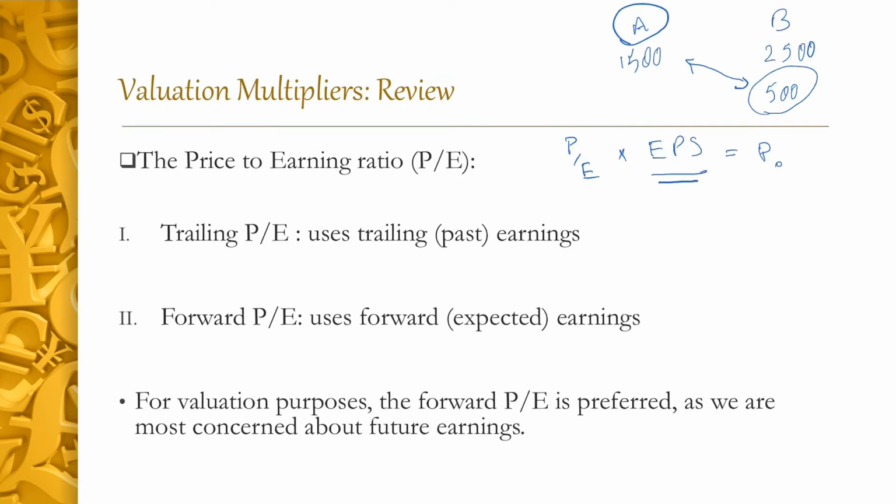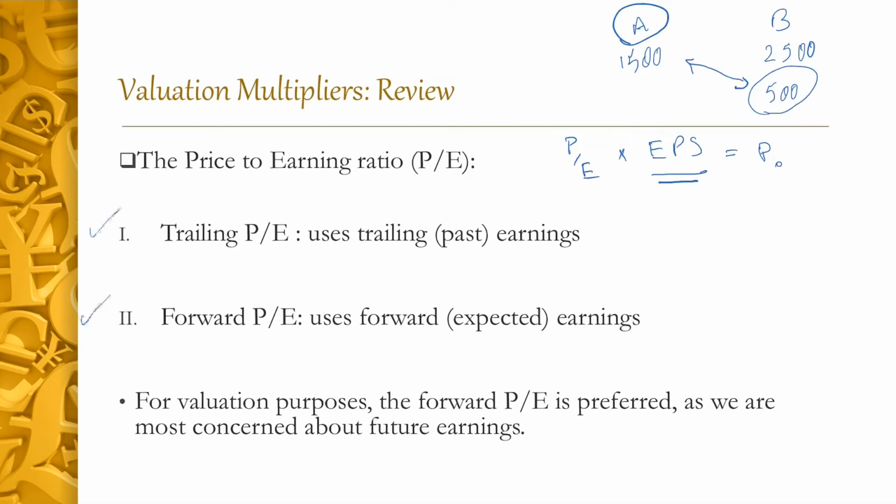We also said that we have two choices for the earnings. We can use trailing earnings to calculate the trailing P/E ratio. These earnings are the earnings over the 12 prior months. The other option is to use the expected earnings.